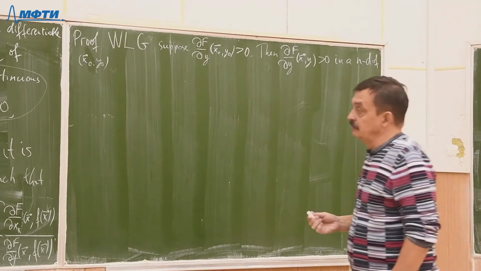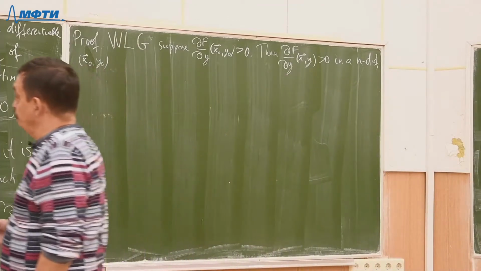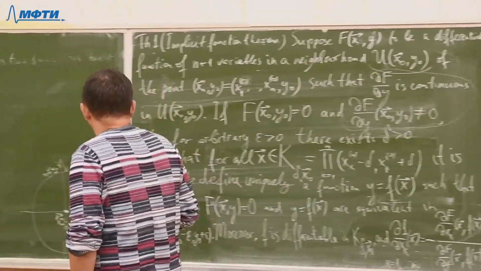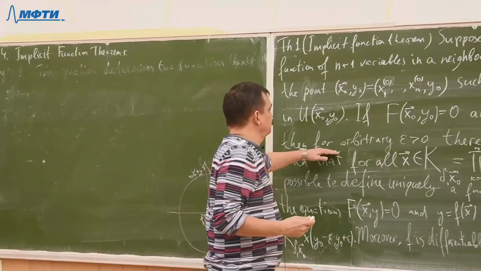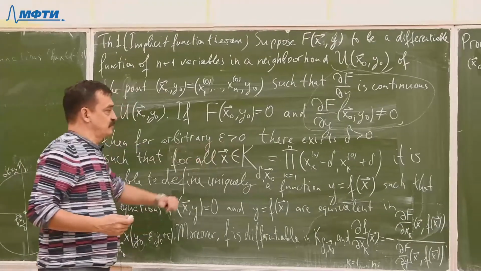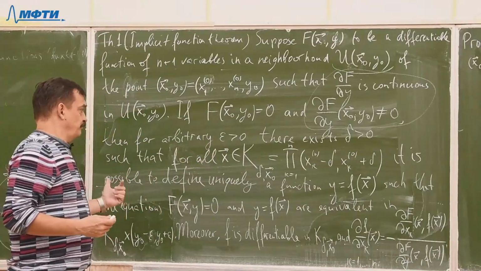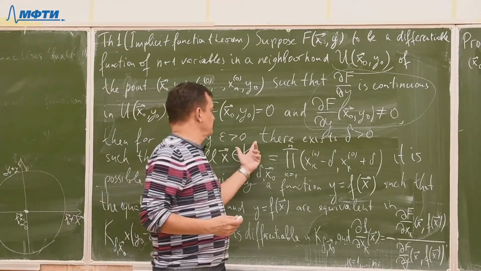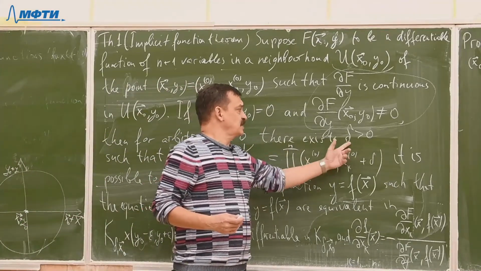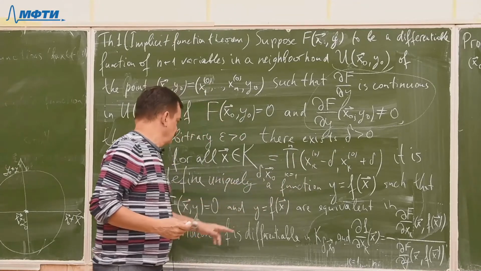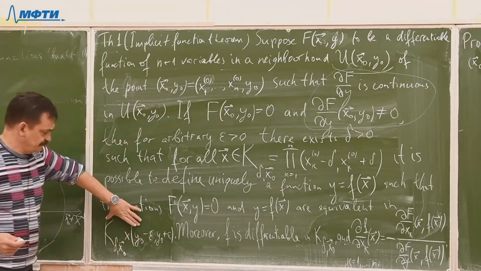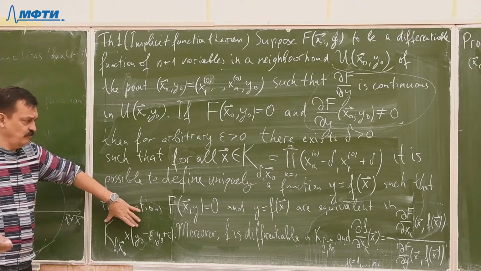Now, you see, here it is written for arbitrary epsilon greater than 0. So I should find for arbitrary epsilon such a delta that for this rectangle we have something.